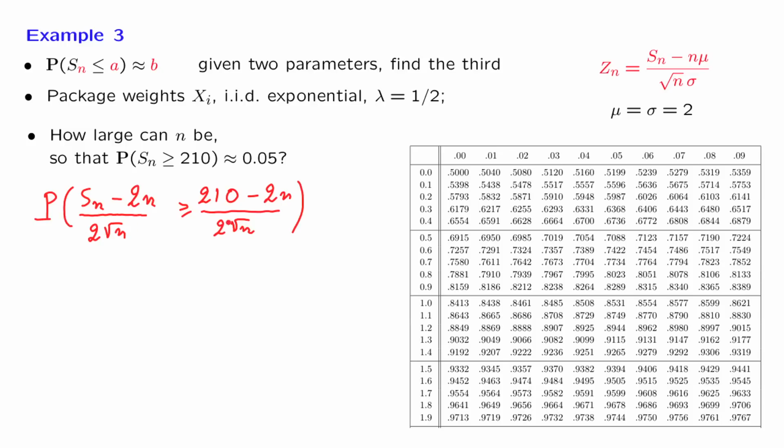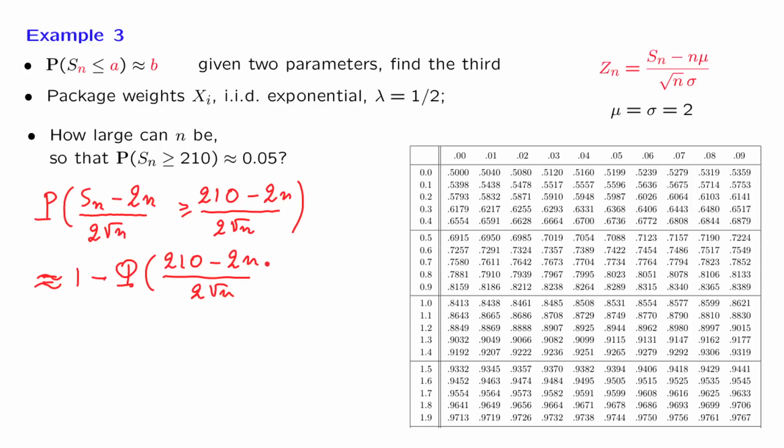Once more, this event here is identical to the original event, but now it is expressed in terms of the standardized version of Sn. This is a random variable that's approximately a standard normal. So once more, we're talking about the probability that a standard normal exceeds a certain value. And by the central limit theorem, this is approximately equal to 1 minus the standard normal CDF evaluated at this particular value here.